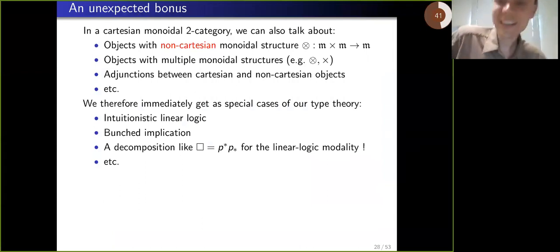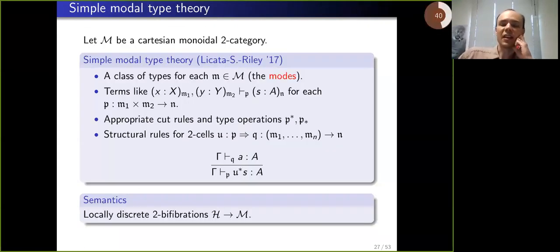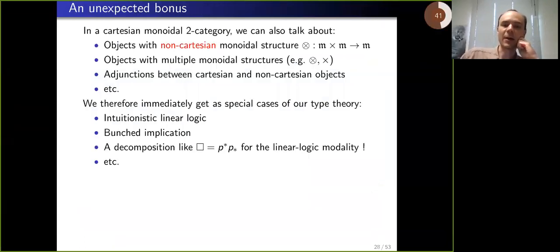Now, one reason this is really neat is because we actually get a bonus by incorporating the multi-categorical or the Cartesian monoidal structure into the two category M, because in addition to Cartesian monoidal structure on an object of M, we can also talk about non-Cartesian monoidal structure.